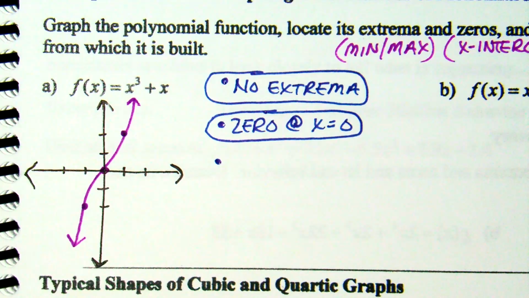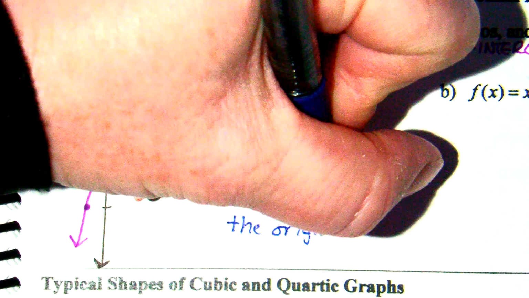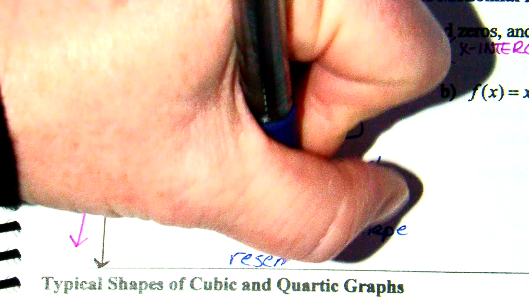So, let's see. I'm going to write: shape is much like y equals x cubed. Near the origin, the shape resembles y equals x.